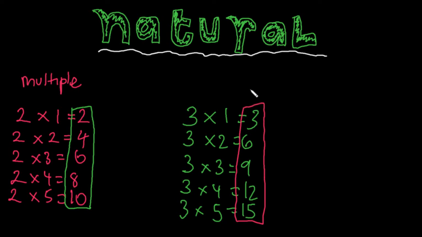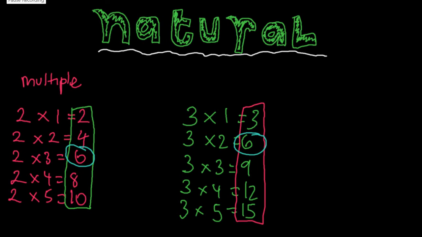So now if we were to look at this list of multiples, we have our multiples of 2 and we have our multiples of 3. Can you now spot a multiple that is common to both of these lists? I'm sure you can. It's number 6. Alright, so we say that 6 is a multiple that is common to both 2 and 3.